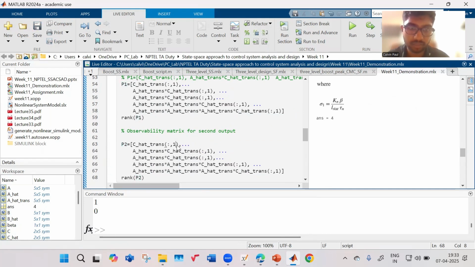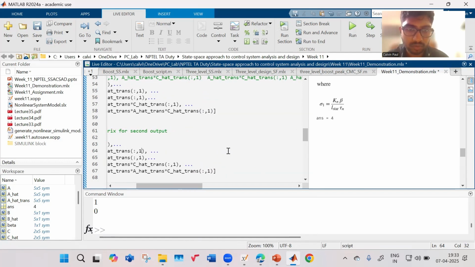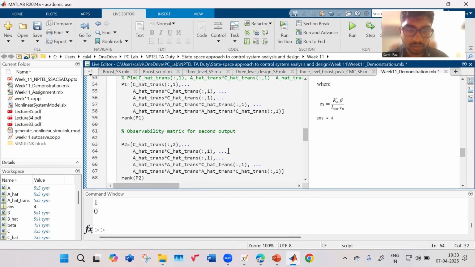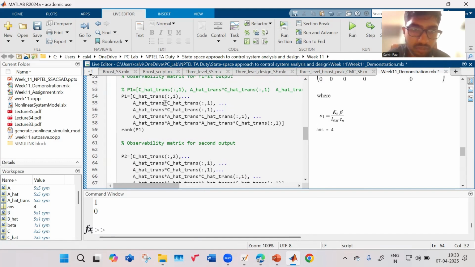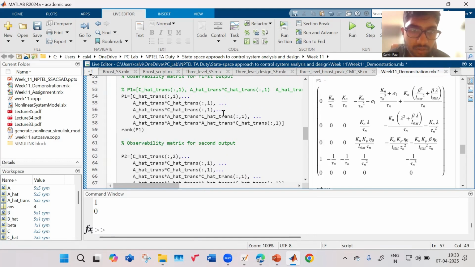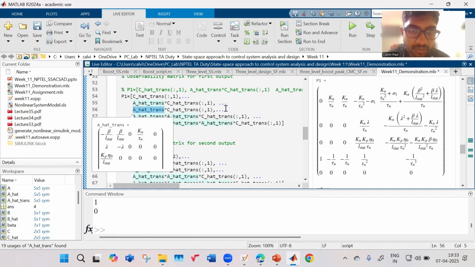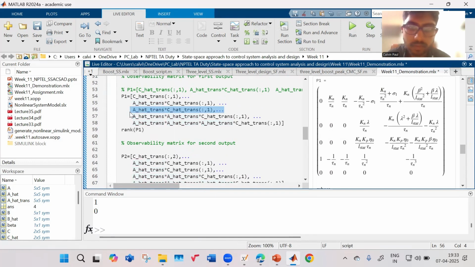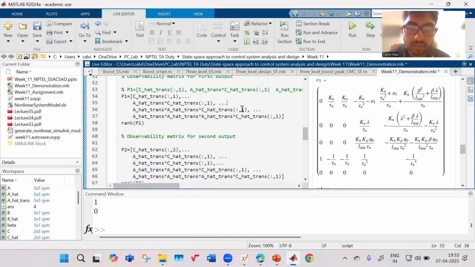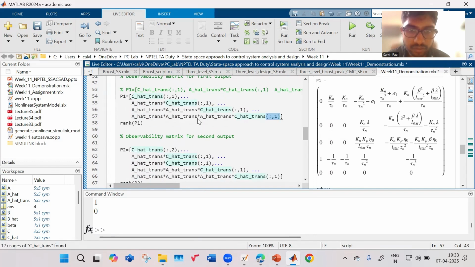Where there is 1, we replace it with 2. Mistake here. Transpose.